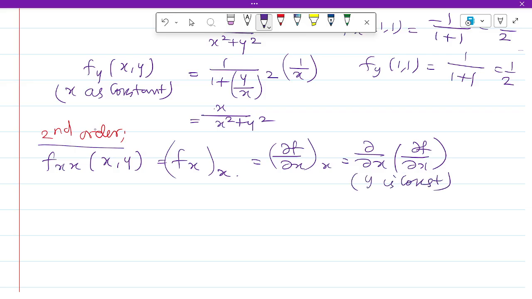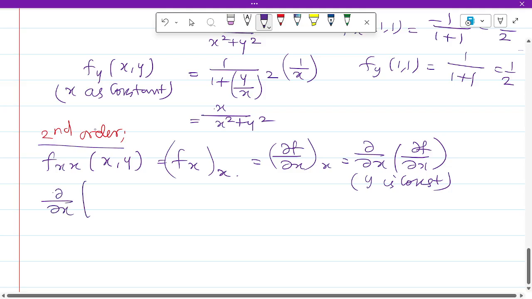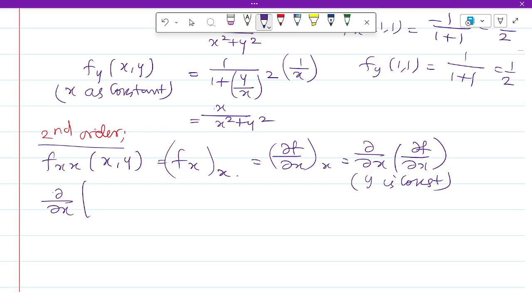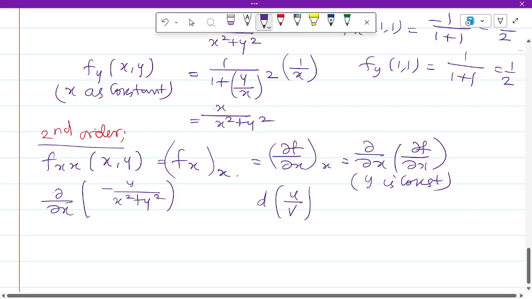Y is constant here. So dou by dou x of dou f by dou x, what is dou f by dou x? Dou f by dou x is minus y divided by x square plus y square. But what is the formula for u by v? The differentiation of u by v formula, v du minus u dv over v square, you have to apply here.